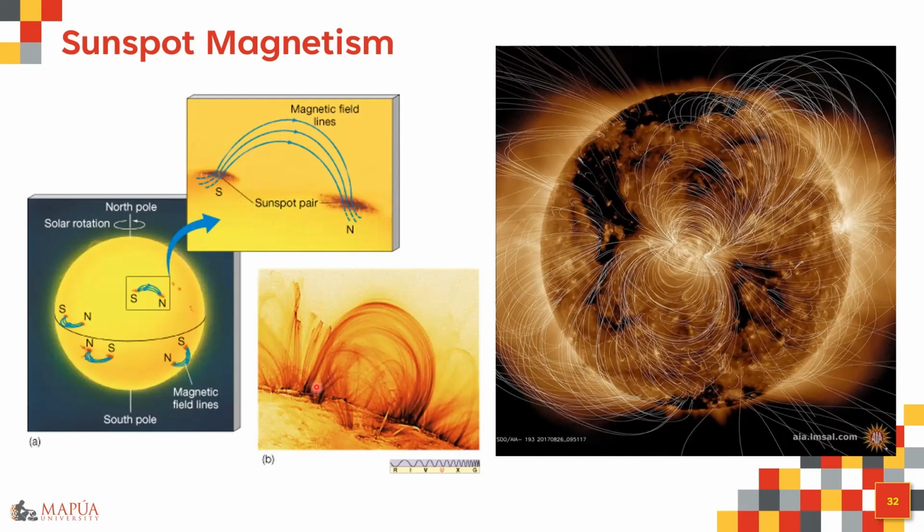Because of that, we could actually observe the local magnetic field configuration of the sunspots. Therefore, we can characterize or categorize sunspots by their magnetic activity.